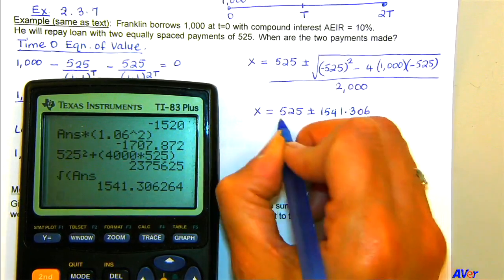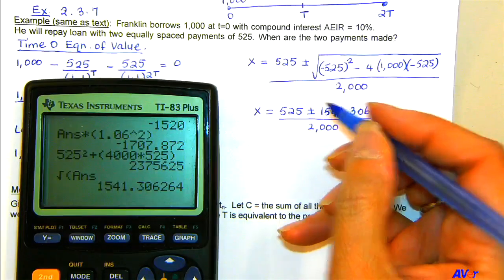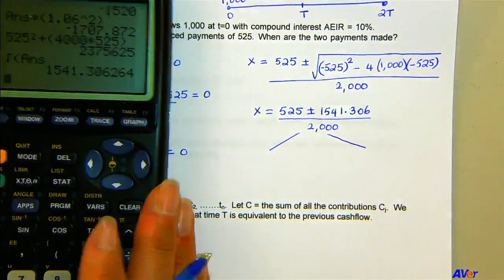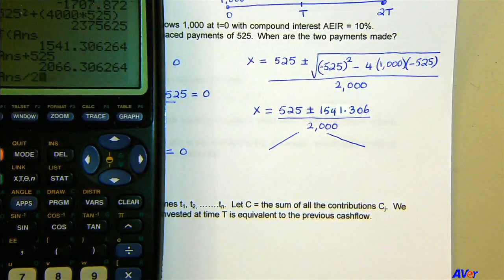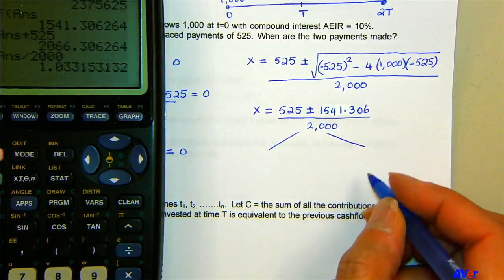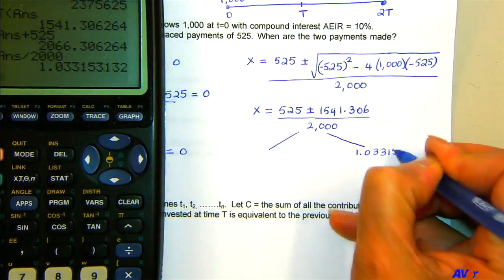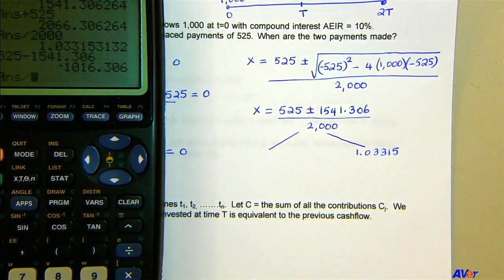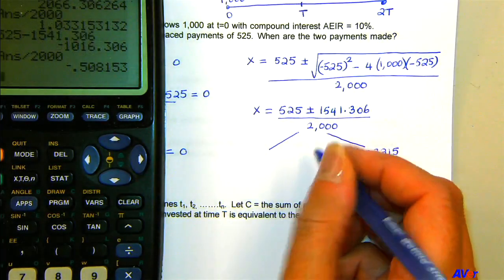1541.306 divided by 2,000. So I'm going to get two roots. $1.03315 and 525 minus 1541.306 divided by 2,000, which is negative 0.508.